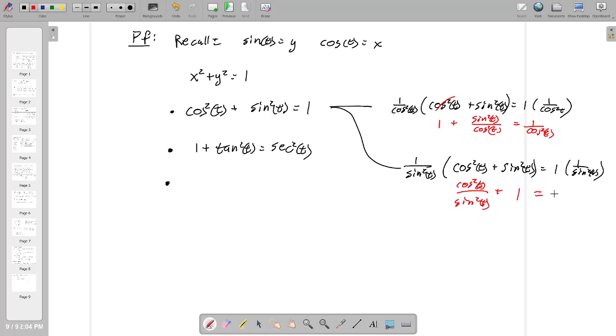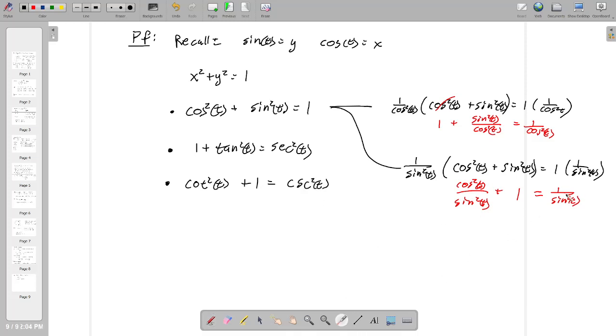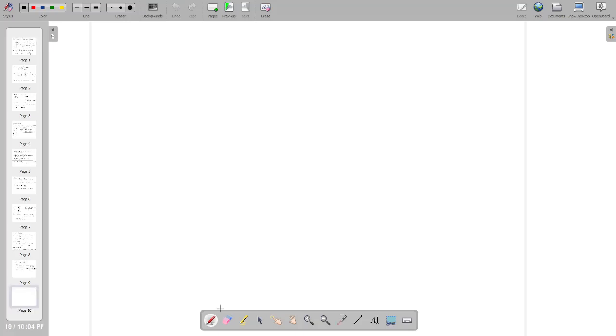And then on the right, we have 1 over sine squared. So we get cosine squared over sine squared is cotangent squared t, plus 1 is equal to cosecant squared t, which is this guy. And that's it for those three identities. We'll need to use them for this particular problem, but a lot of problems that you will deal with in this class, you won't need to use these in order to solve for all six trig functions.